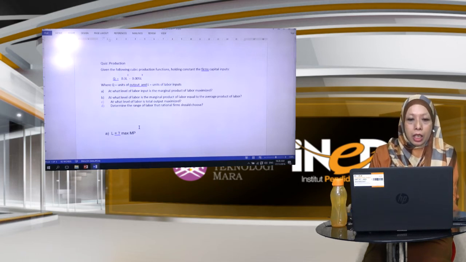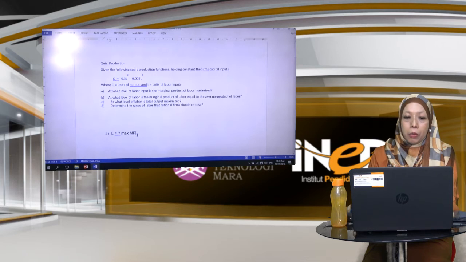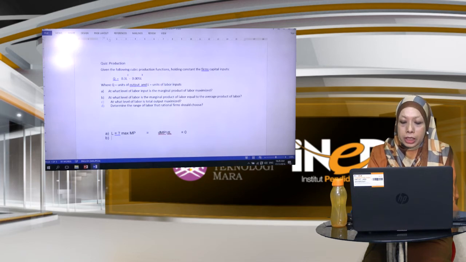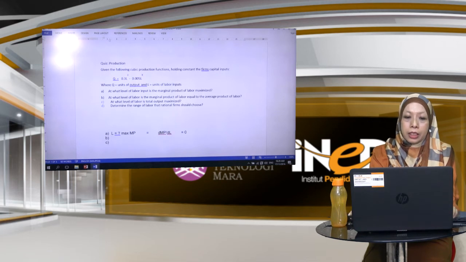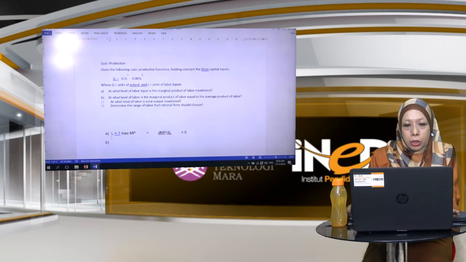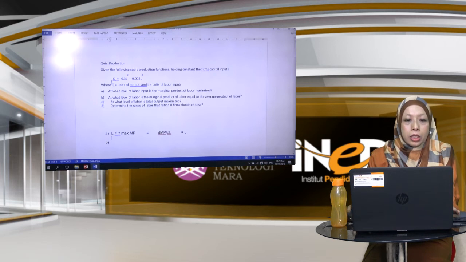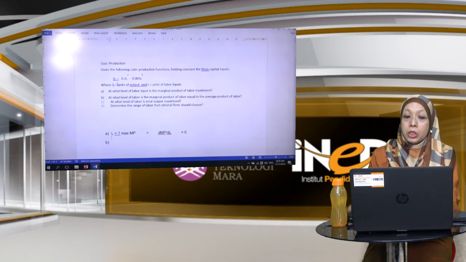So for the first question, we want to maximize marginal product. This shows that you need to differentiate marginal product and then set it equal to 0. But to do that, you first need to derive the marginal product, because looking at the question, there is no function given for marginal product. The function you have here is only the total product, or output, function.